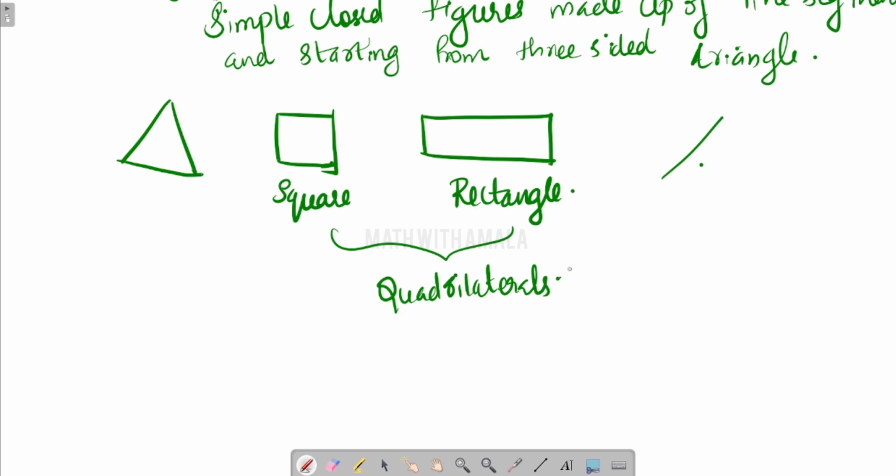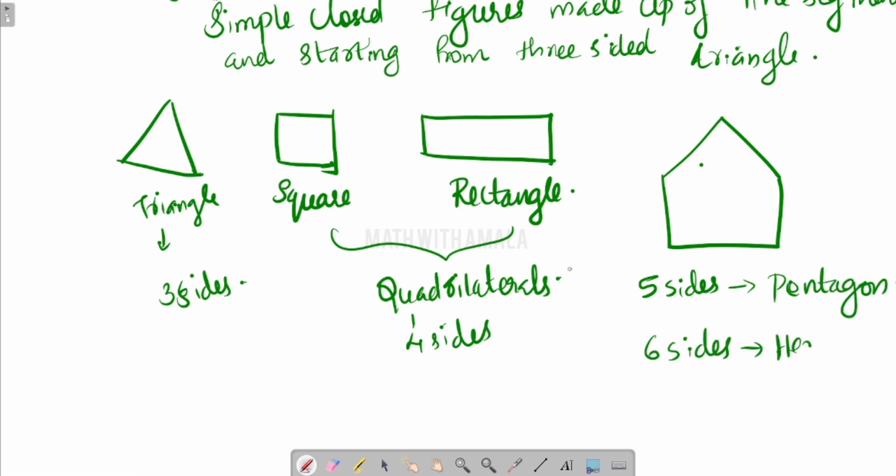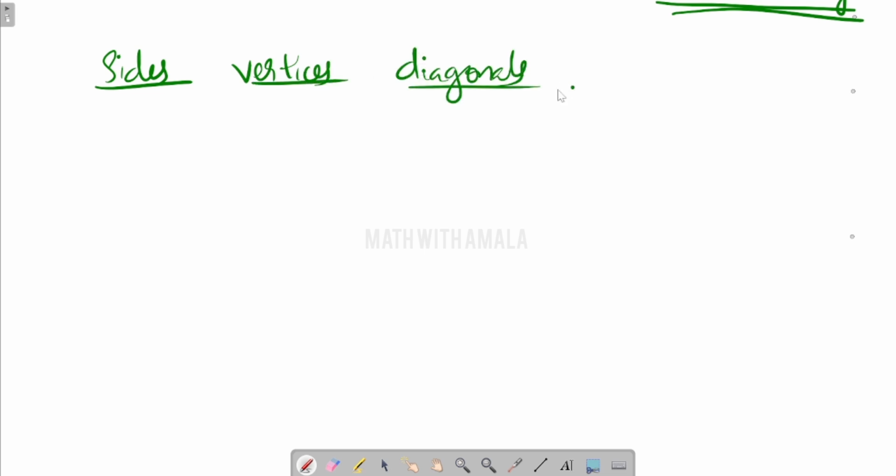With the triangle, the polygons are actually starting, and the four-sided are called quadrilaterals, and the five-sided are called pentagons. And if we have six sides, then it is called a hexagon, and seven sides heptagon, eight sides octagon, then nine sides nonagon, and 10 sides decagon.